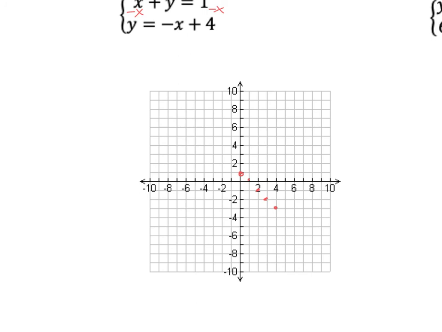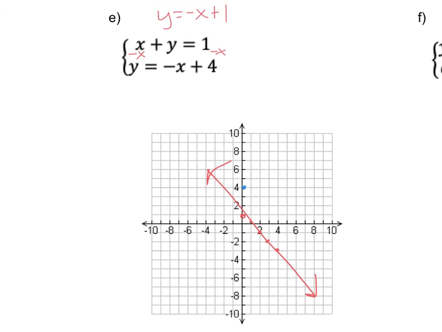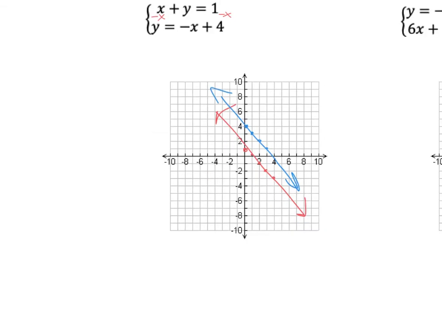See, I'm already struggling again. Let's try it. Okay. Next line, the y-intercept is positive 4. And it is a slope of negative 1. Oh, look at this. We got another one. Those are parallel lines, therefore there is no solution.